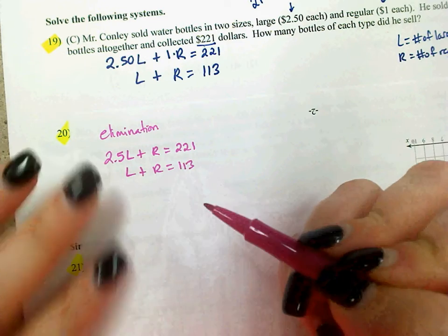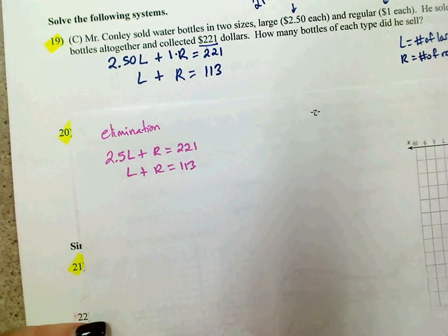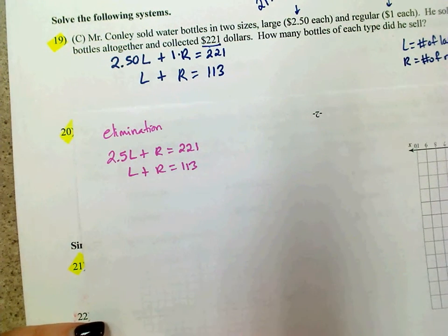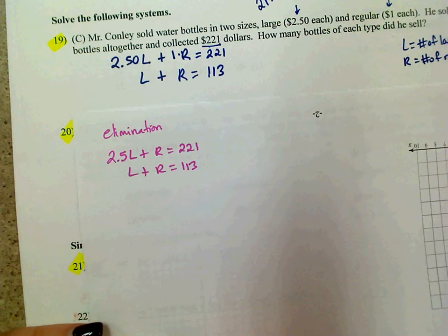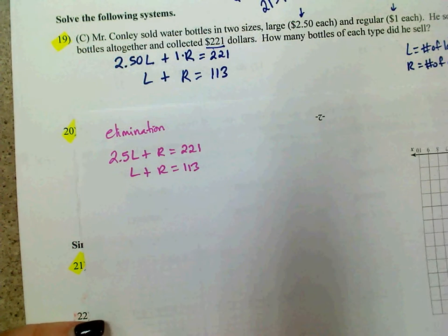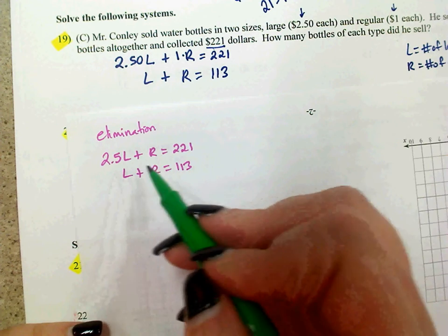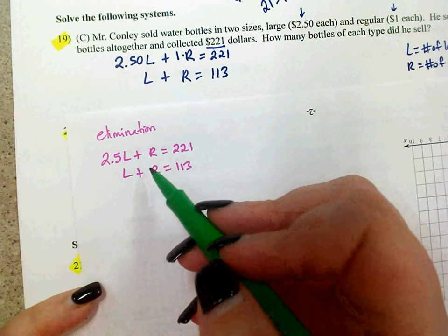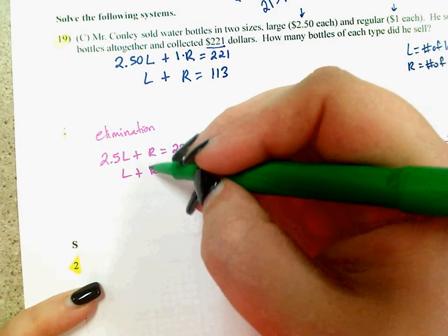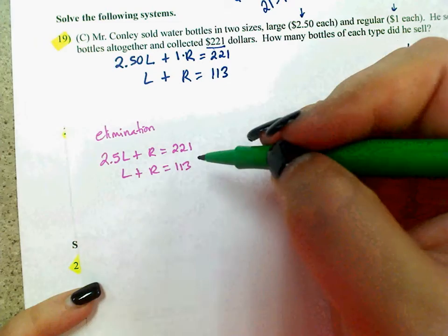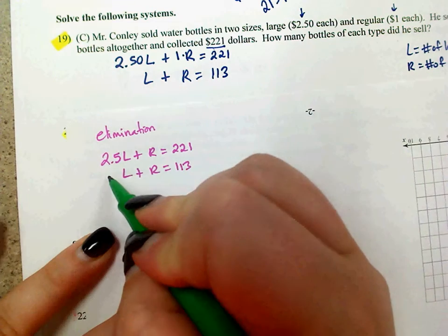In elimination, you want to eliminate one of the variables. I could multiply the bottom equation by negative 2.5 to get rid of L's, or I could target the R's and make one of these negative. I'm just going to multiply the bottom equation by negative 1.